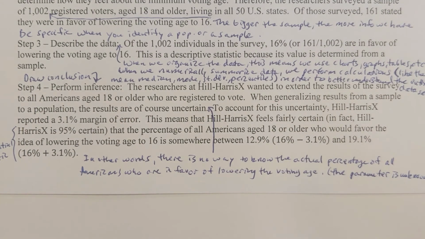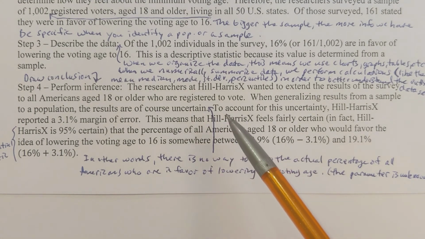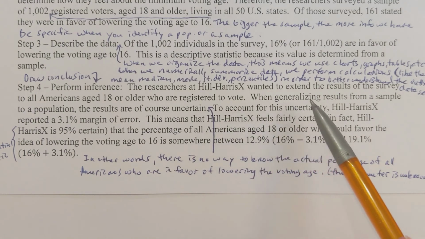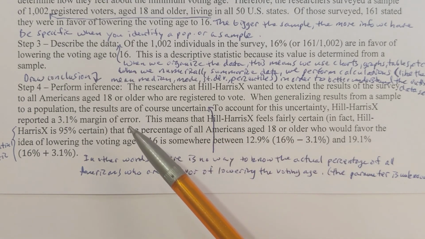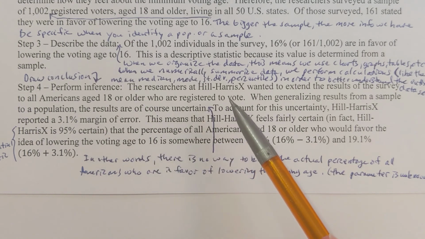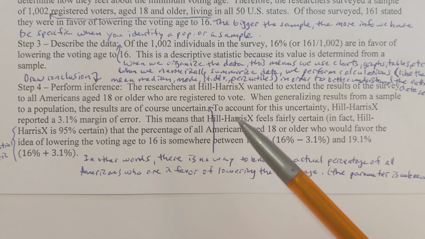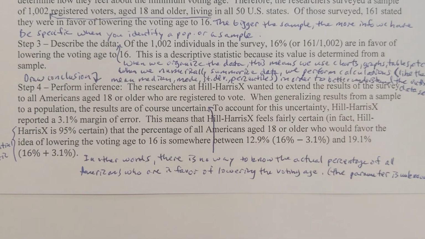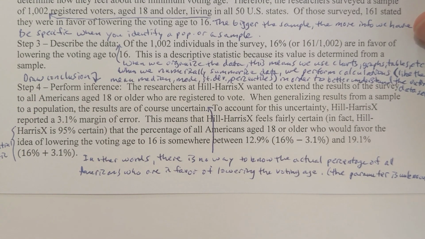Okay, so what I just read here: the researchers at this company wanted to extend the results of the survey to all Americans age 18 and older registered to vote. Okay, anytime you're going to extend your knowledge outward towards everybody now, that's an example of inferential statistics. Okay, otherwise, if you're just making a statement about the sample, that's called descriptive statistics. Okay, and we'll go ahead and stop right there.